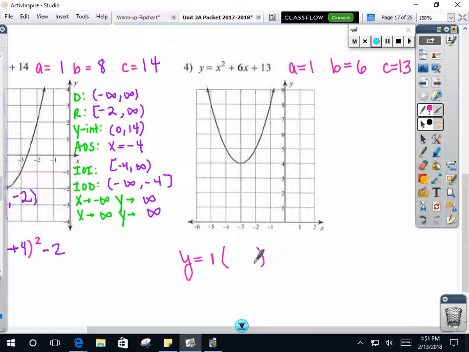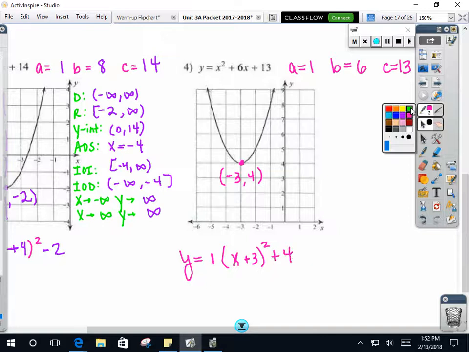So now I just need to figure out what the H and K are, which is the vertex, so I can fill that in. Where is the vertex? -3, 4. So if you plug in a -3 right here, won't it become a minus a negative, which is a +3? So are y'all starting to catch on why this is the opposite of what you would think? And then +4 is +4.